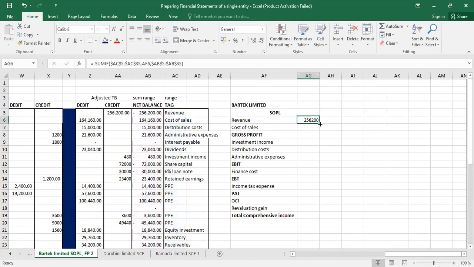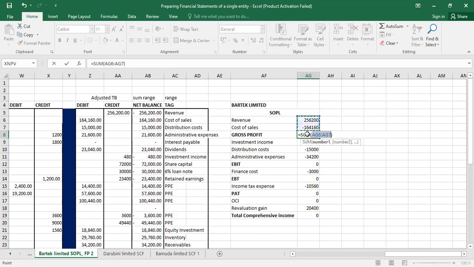Then I drag down up to the very bottom there. I come back to this cell, alt equals the sum, control bold, control enter. We go here, alt equals, make sure it has taken the gross profit, control enter, control bold, alt HBP for a top border.